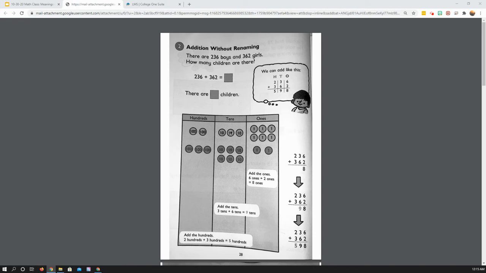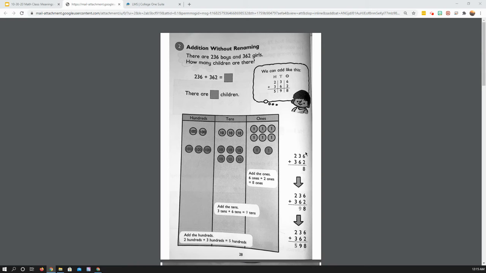Because it's in the tens place, it has a 0. That's why you have a 10 inside of these circles. So you have 10, 20, and 30, which is perfect. And then you have 2 in the hundreds place. You have 100, 200, 236. You see? And same thing happens for the next number.